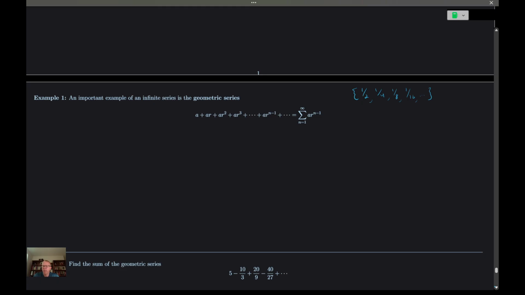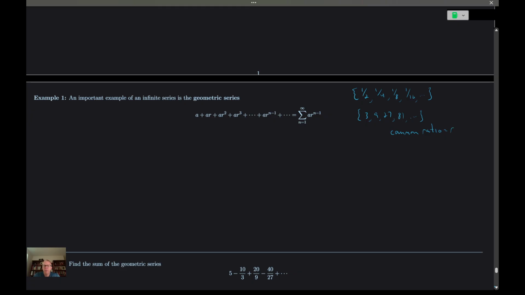Geometric is where you're multiplying. Another one, we could say 3, 9, 27, 81, and so on. Whatever number you're multiplying the previous term by to get to the next term is called the common ratio and is usually denoted by r.